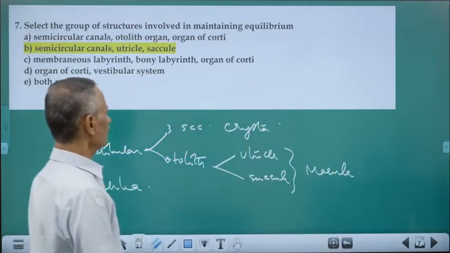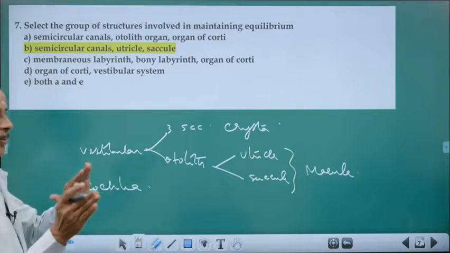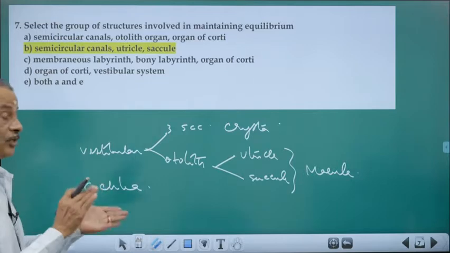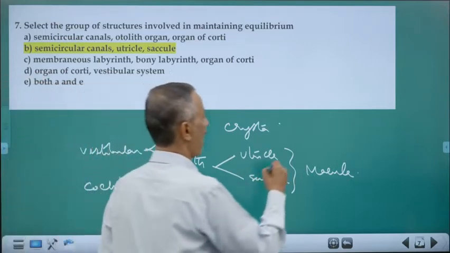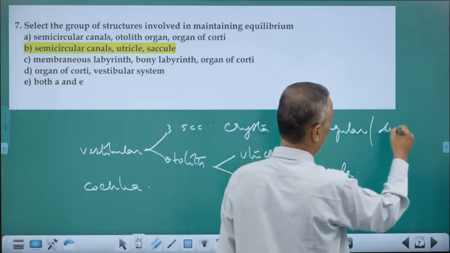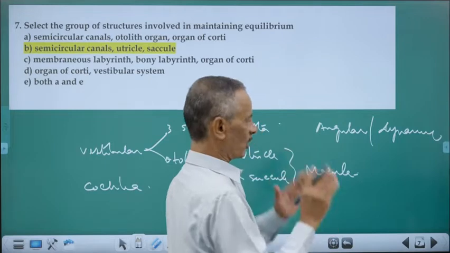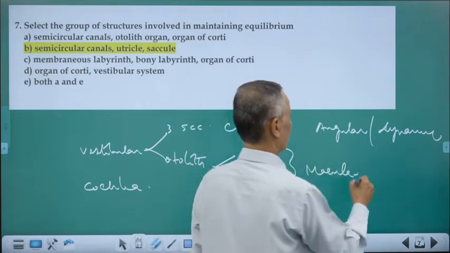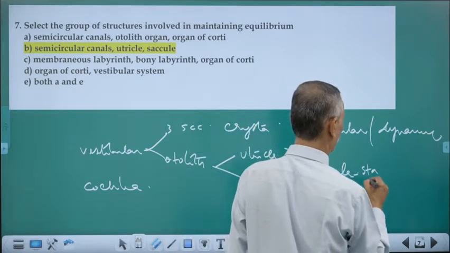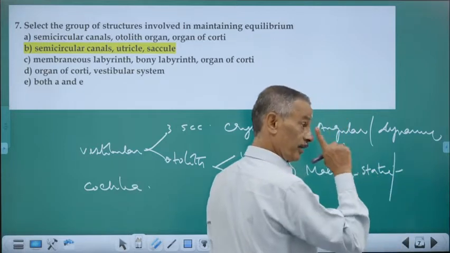The crista present in the semicircular canals is responsible for equilibrium maintenance when our body is tilting to any angle. That is called angular equilibrium or dynamic equilibrium. Whereas the macula is responsible for static equilibrium, when you are not moving or when you are moving only in a straight line.